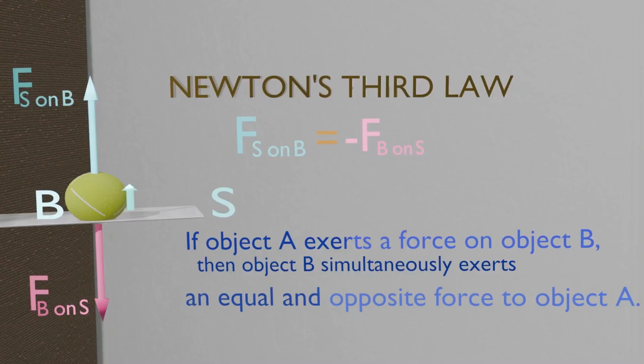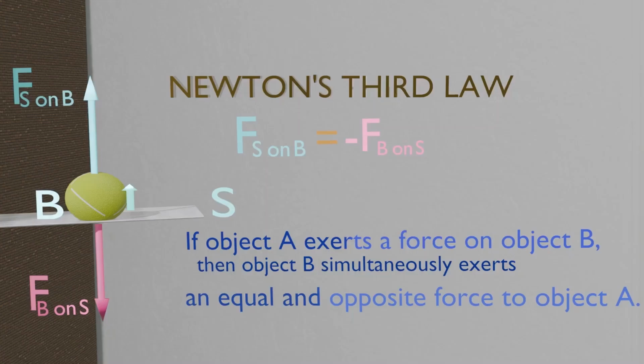Newton's third law states that if object A exerts a force on object B, then object B simultaneously exerts an equal and opposite force on object A. So the force that the surface exerts on this ball is the negative of the force that the ball exerts on the surface.